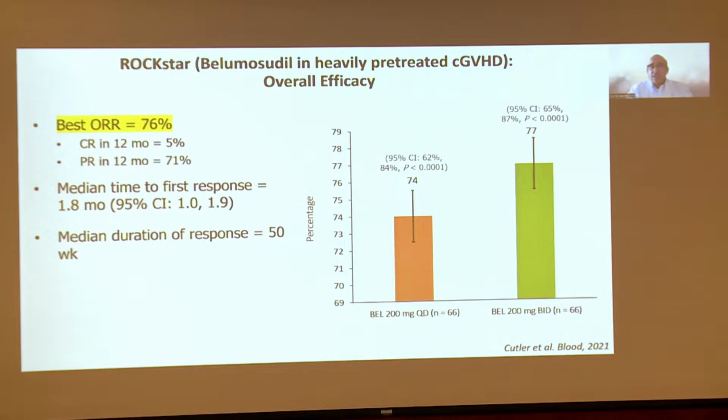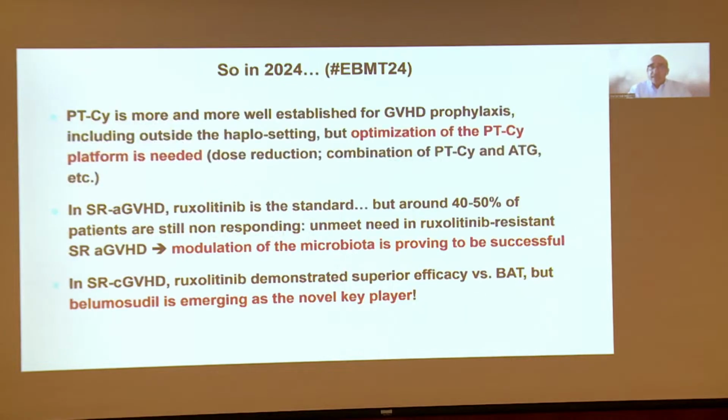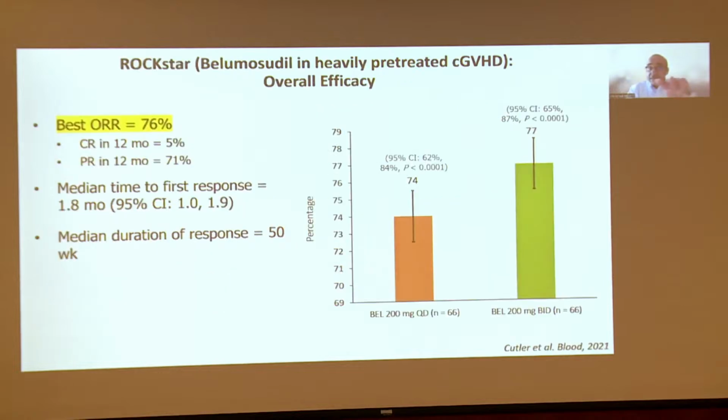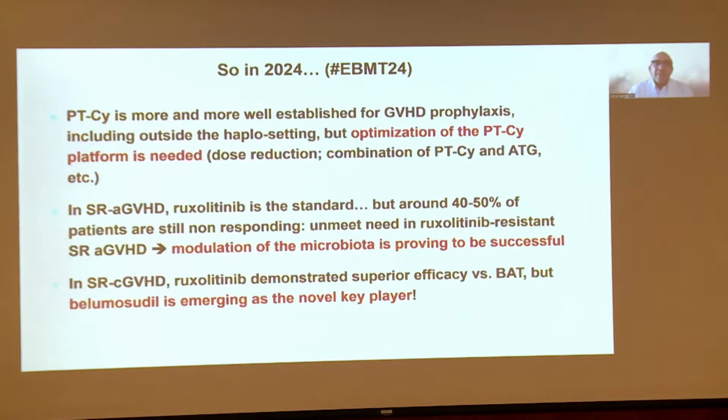Very quick response in less than 2 months, and this is a long-lasting response. But the field of steroid refractory chronic GVHD will continue to evolve. I'm sure you will see very soon some data with a novel agent, a monoclonal antibody anti-CSF1 receptor, namely axatilimab. So watch out for axatilimab.